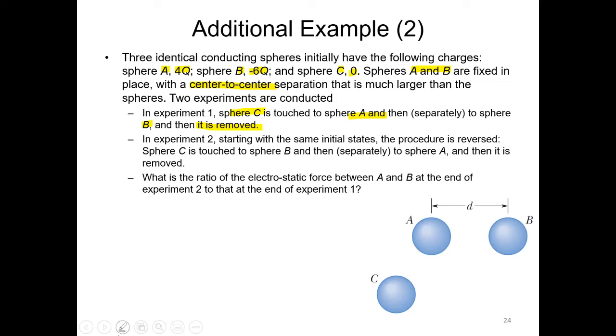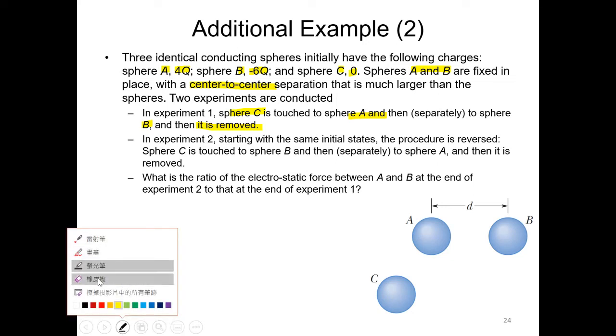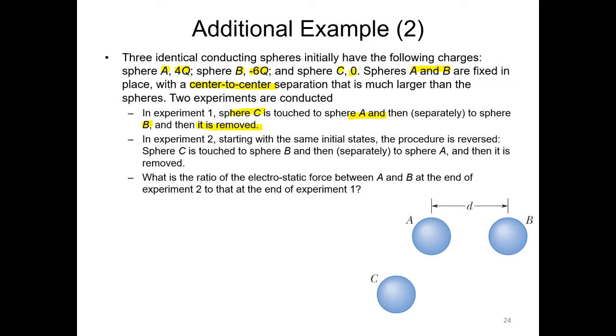So there are many words, so we can try to summarize it like this. We have A, B, and C spheres, three spheres.